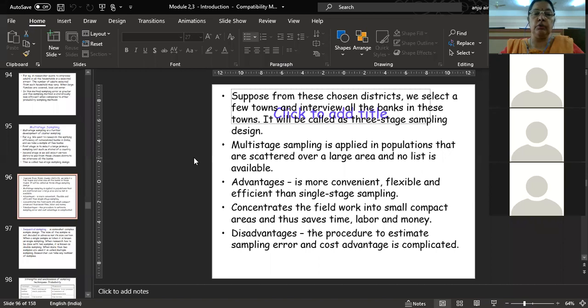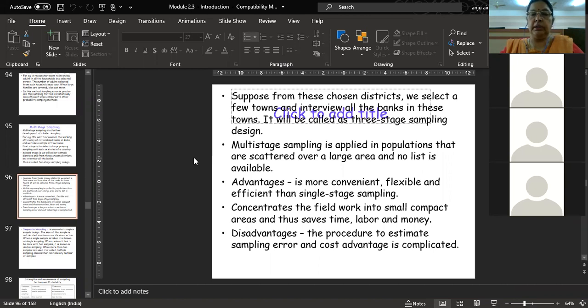So it is very good for those populations which are very large, which are geographically spread out, which are scattered over a large area, and when you don't have knowledge or complete list of that population, then you can use the multi-stage cluster sampling technique. So what is the advantage of this cluster sampling technique?